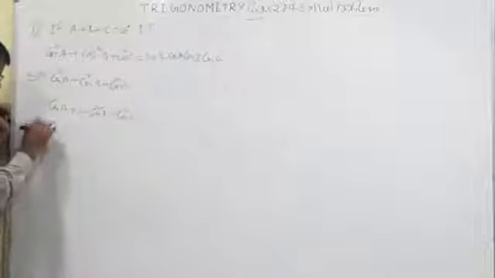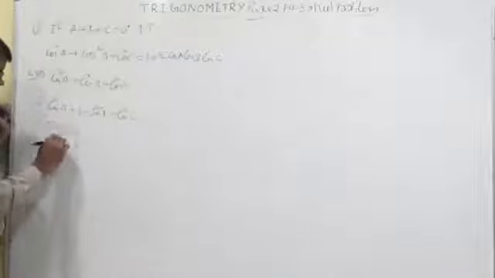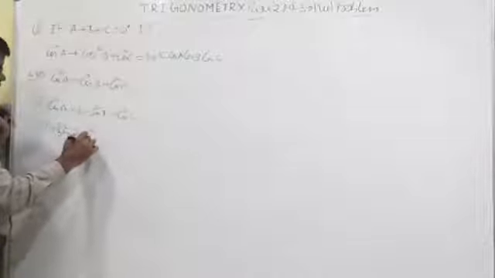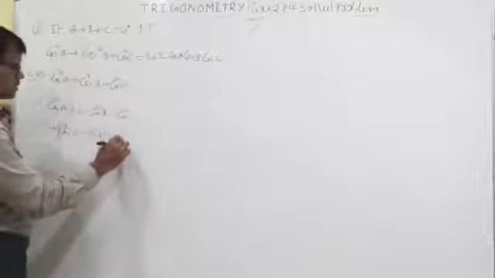First this one you write, cos² A − sin² B, plus cos² C. We know the formula of cos² A − sin² B is cos(A+B) cos(A−B), plus cos² C.